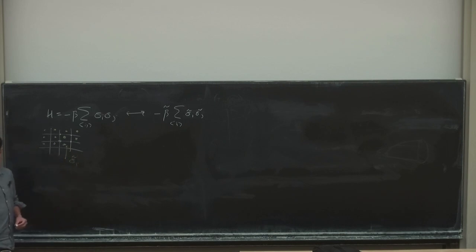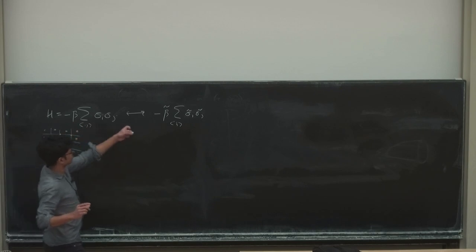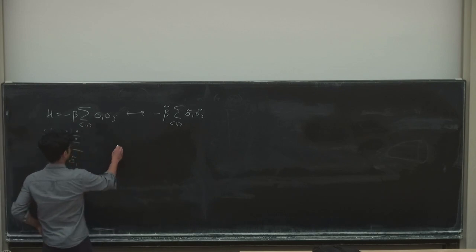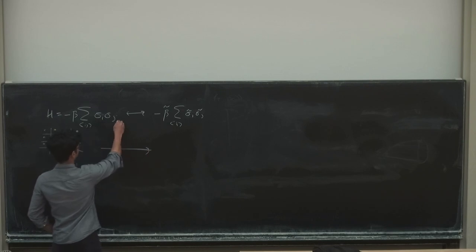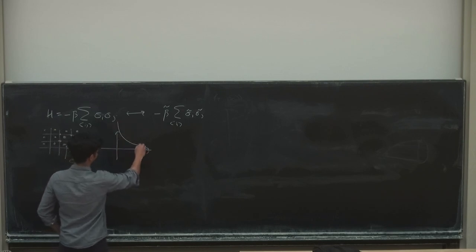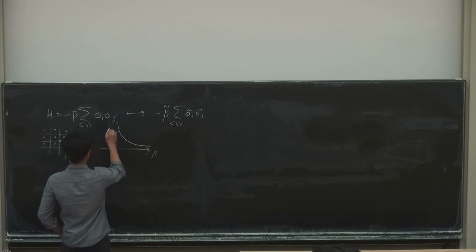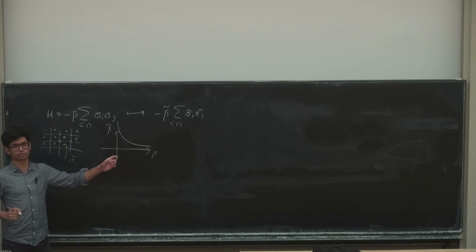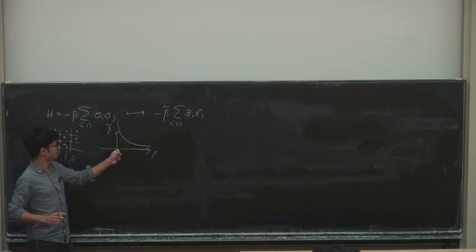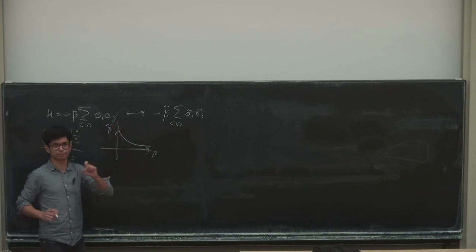All right? And beta is related to beta twiddle in a way that's sort of backwards, in that small beta is high beta twiddle and vice versa. So if this is beta twiddle. Okay? It's probably not actually like that. I'm just trying to show that low beta maps to high beta twiddle and vice versa.